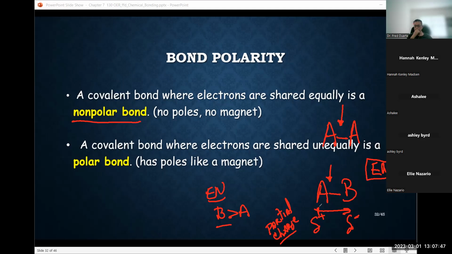Now, how do we know which direction that charge goes? Well, if you recall, when we talked about electronegativity, we stated that fluorine is the most electronegative element there is.